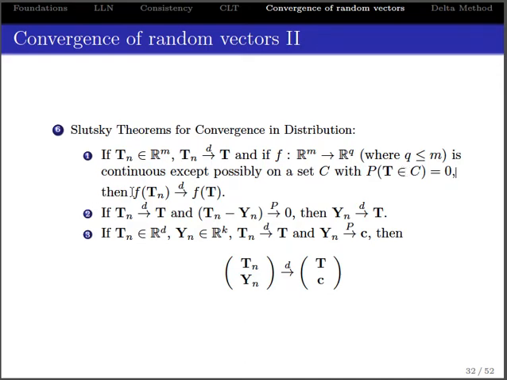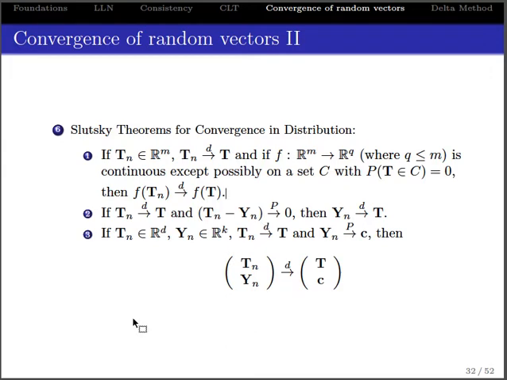Then f of Tn goes in distribution to f of T. So this is just ordinary continuous mapping, except that it allows for some points of discontinuity of the function, as long as those points of discontinuity have probability 0 under the target distribution, not necessarily under the distributions that are tending toward the target.